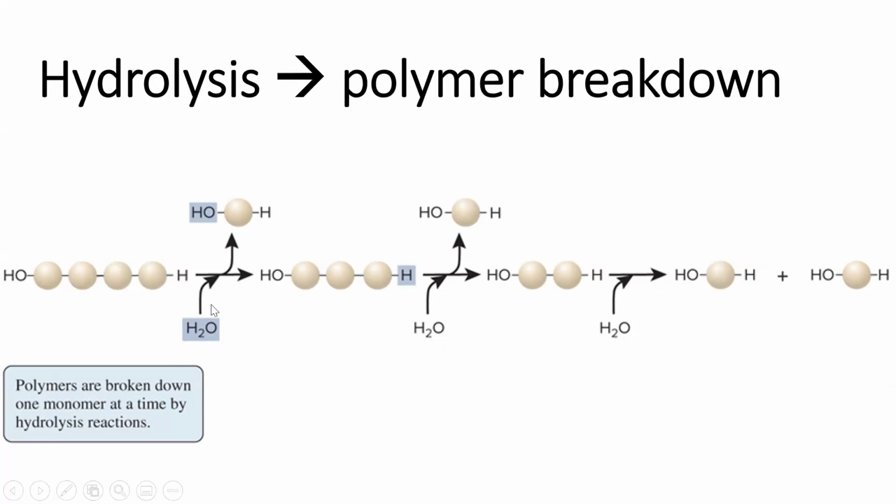You're adding water into the reaction, and the monomer that is getting broken down is going to result in the addition of the hydroxyl group and the hydrogen to the monomer. And you can continue to do this all the way down till you get individual monomers.